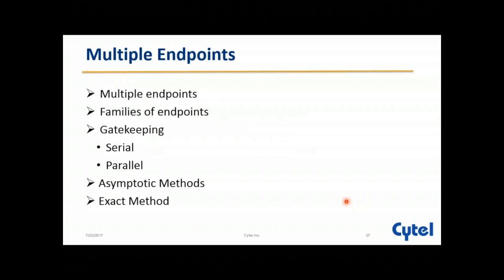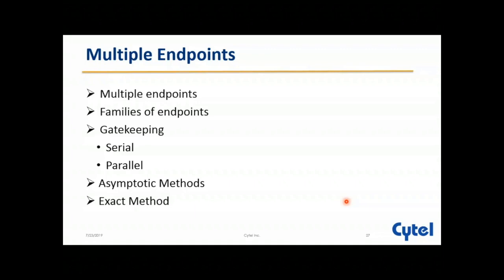Generally in clinical trials, we are interested in more than one endpoint. When there are multiple endpoints, like say headache, dizziness, pain, not all the endpoints are of the same importance, or the same weightage is not given while analyzing the data.